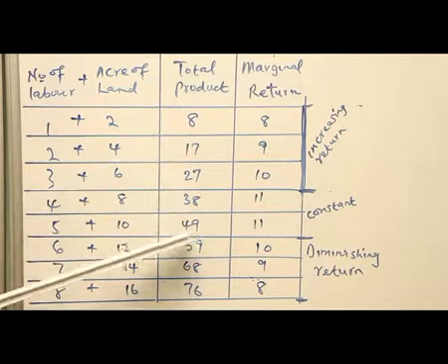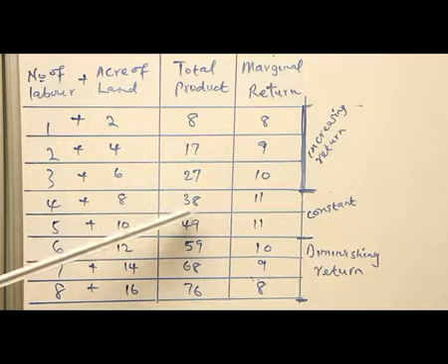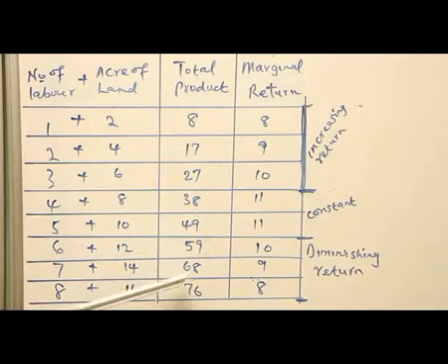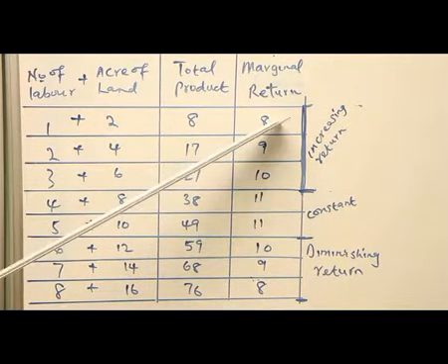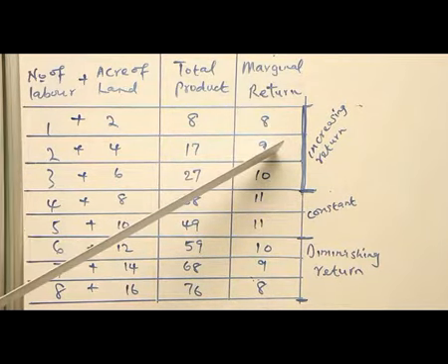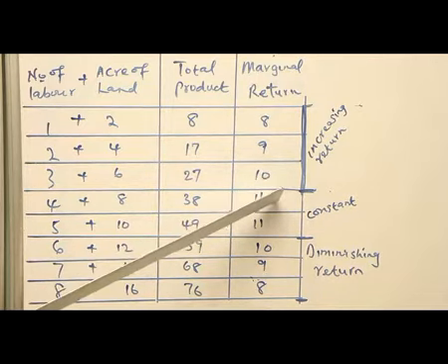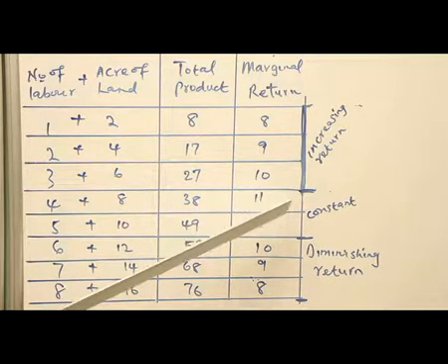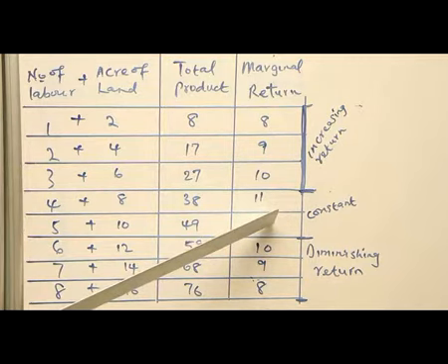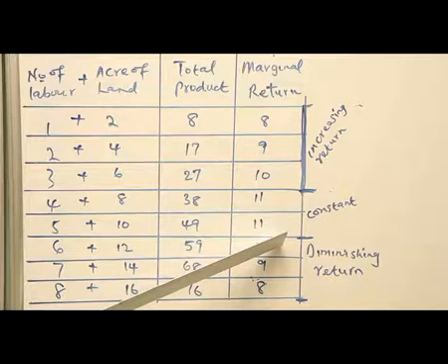You observe that as the firm is increasing its inputs, total product is increasing from 8 to 17, 27, 38, 49, 59, 68, 76. But let us look at the marginal return. We have 8 for the first scale, 9 for the second scale, 10 for the third scale, 11 for the fourth scale, 11 for the fifth scale, and 10 for the sixth scale.